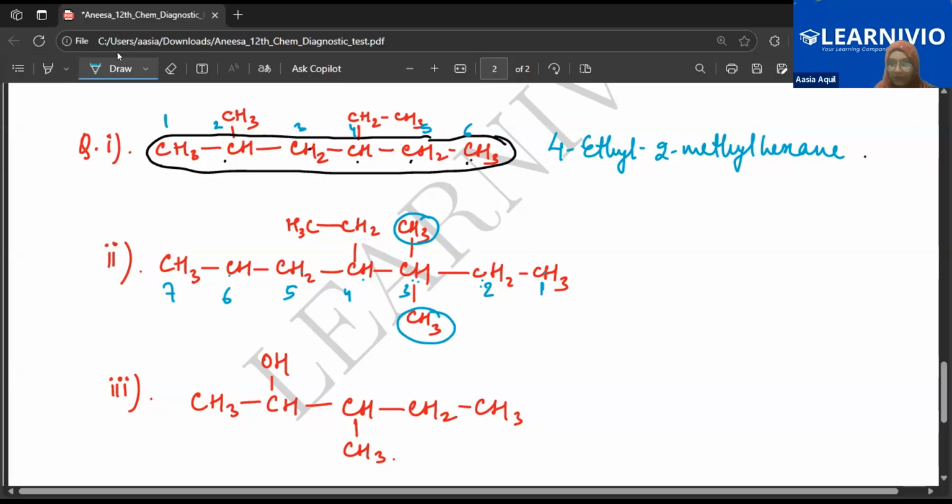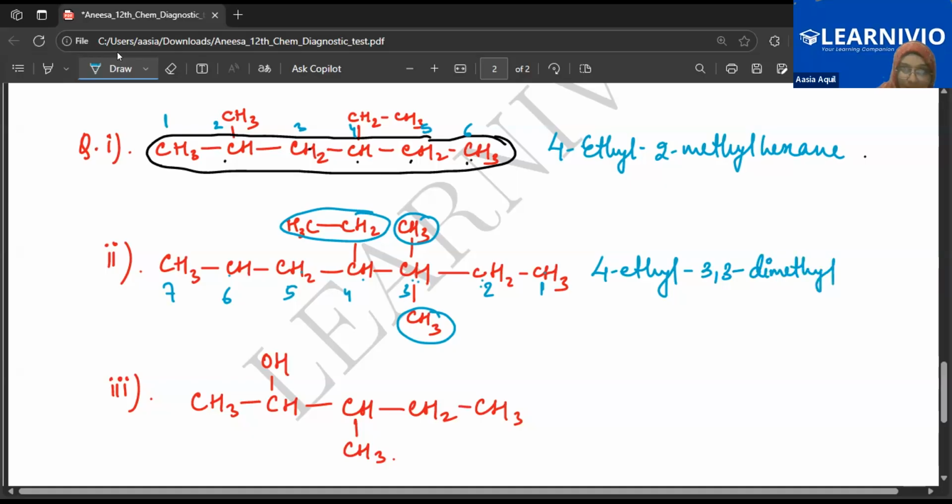How will we write down the name? On the fourth position there is an ethyl group, so 4-ethyl. On the third position there are two methyl groups, so we will write the position for both: 3, comma, 3, and we will use di for two methyl, so dimethyl.